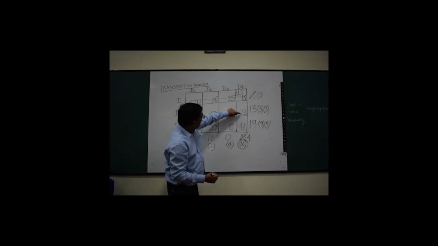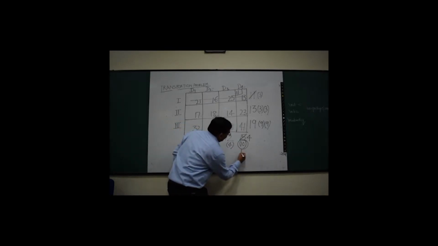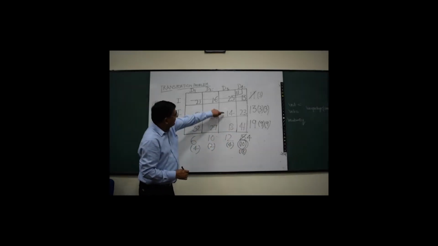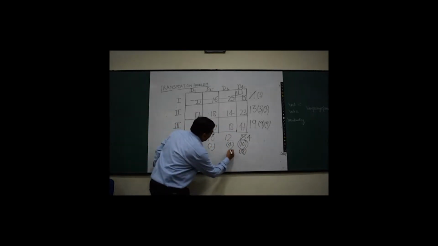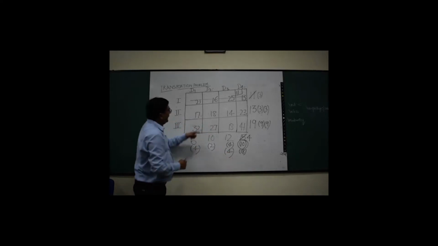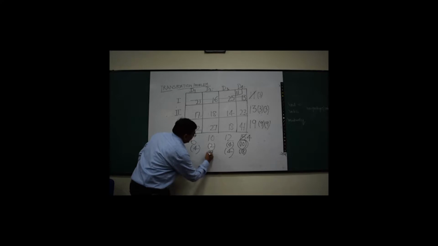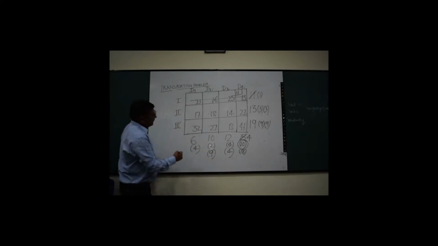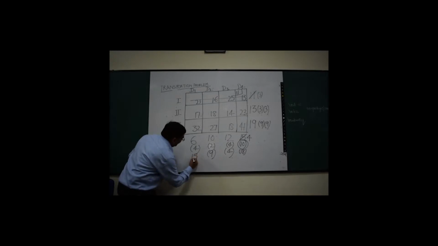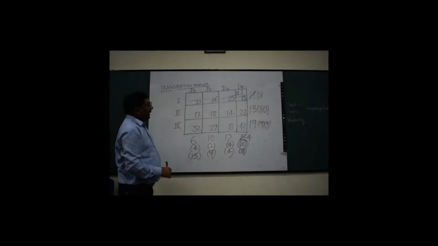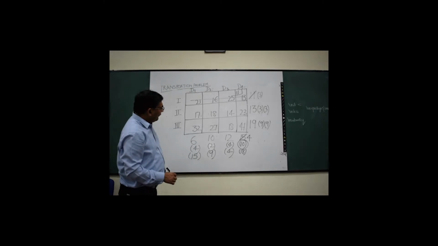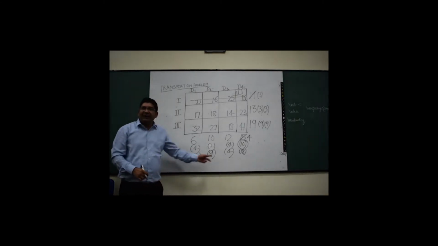Here, minimum and next to minimum is 18. Minimum next to minimum 4. Minimum next to minimum 9. Minimum next to minimum 15. Again, we'll find the maximum penalty.